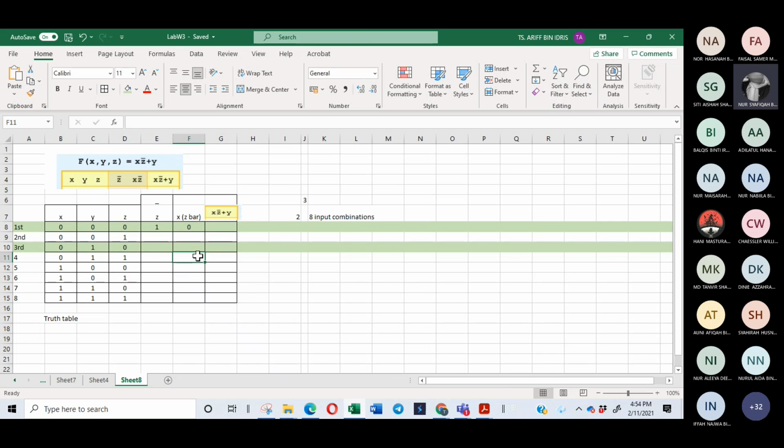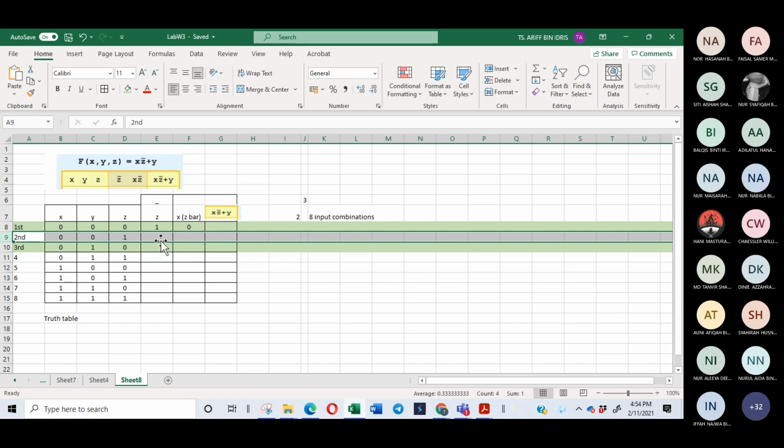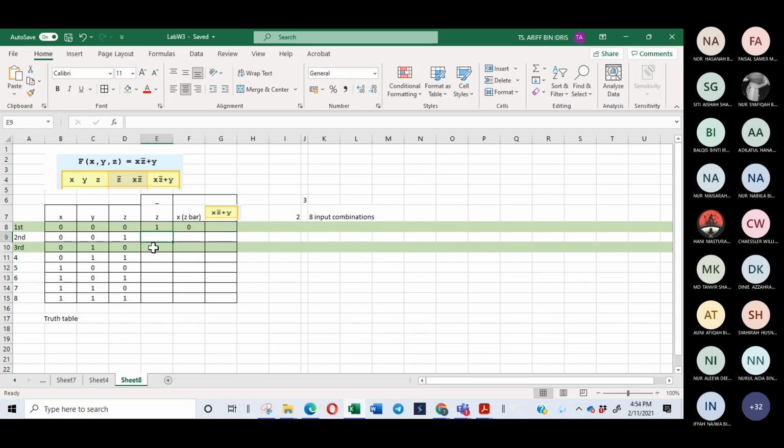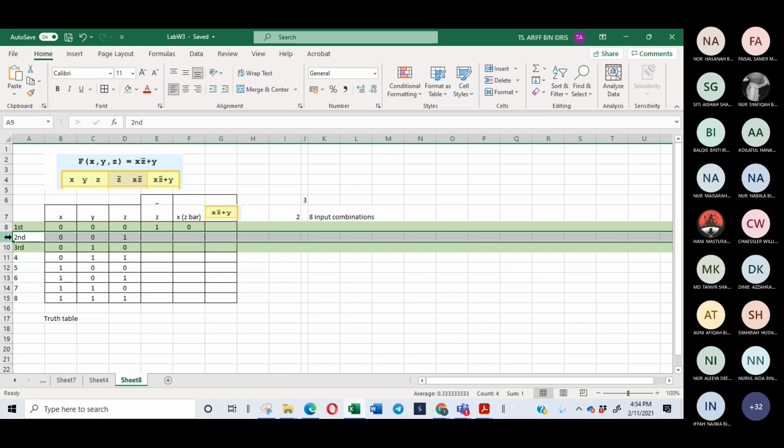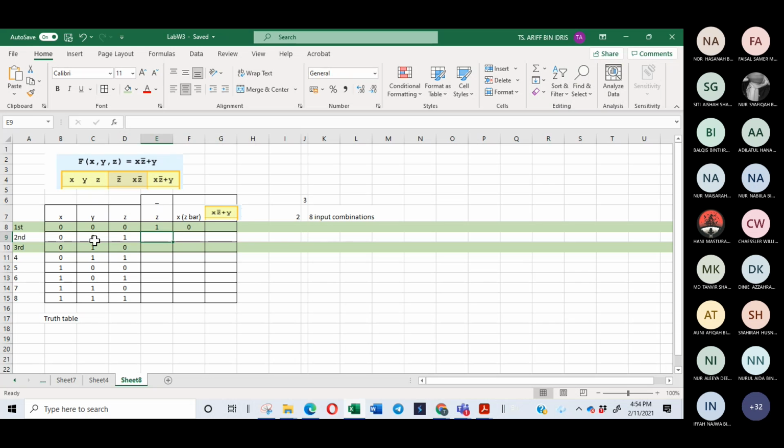Until this point, is everybody clear? Anybody not clear or want to ask me a question? Okay, can we proceed to the following input combination and the output? Now for the second input combination, I refer to the white color.